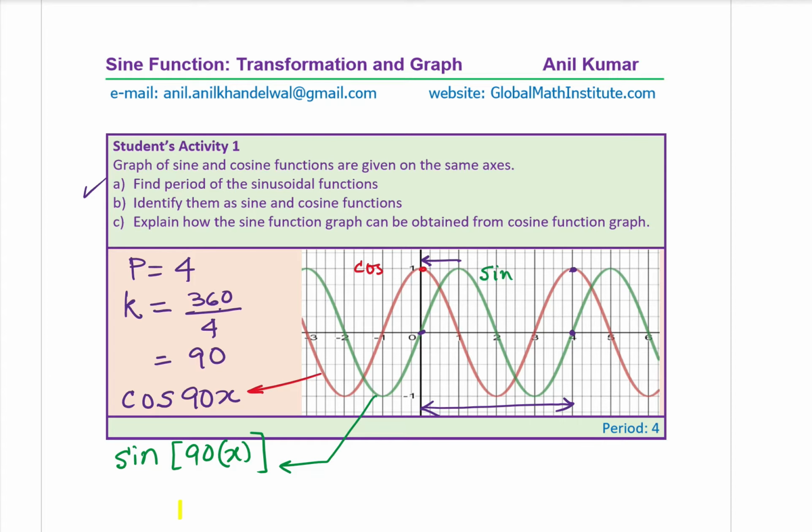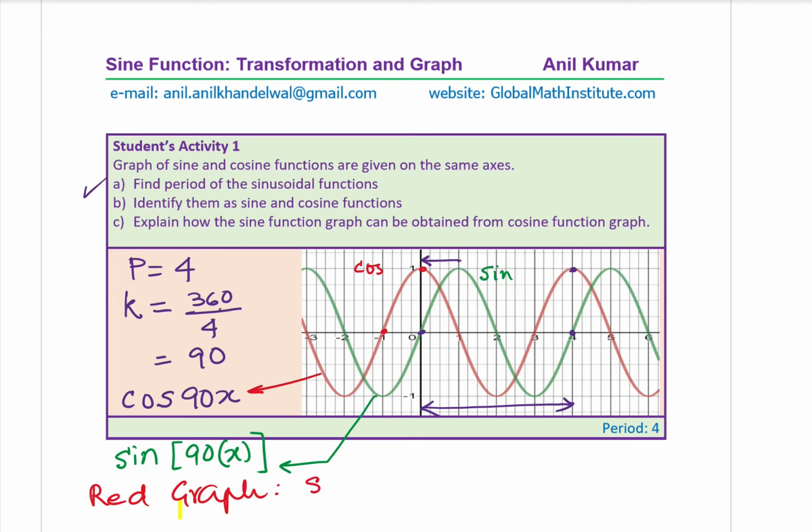Perfect. But in case you want to write the cosine function as a sine function, then you could write that the first graph, which is the red graph, we could write this as a sine function also. Since as far as sine is concerned, this red graph will be right there. Sine starts here.